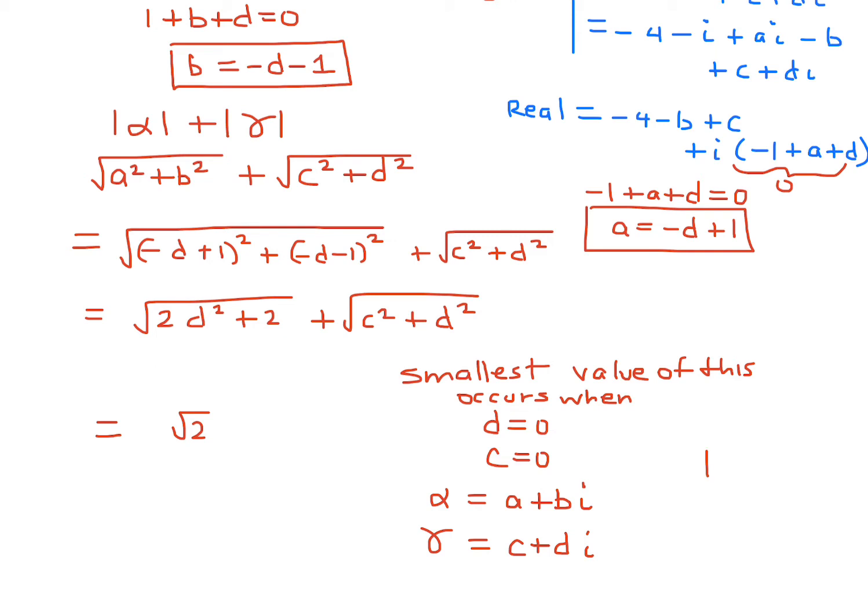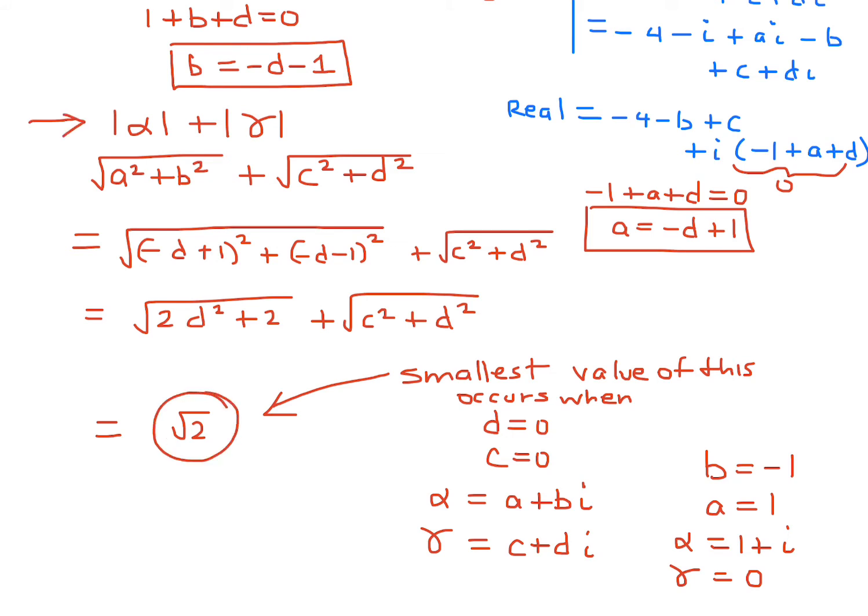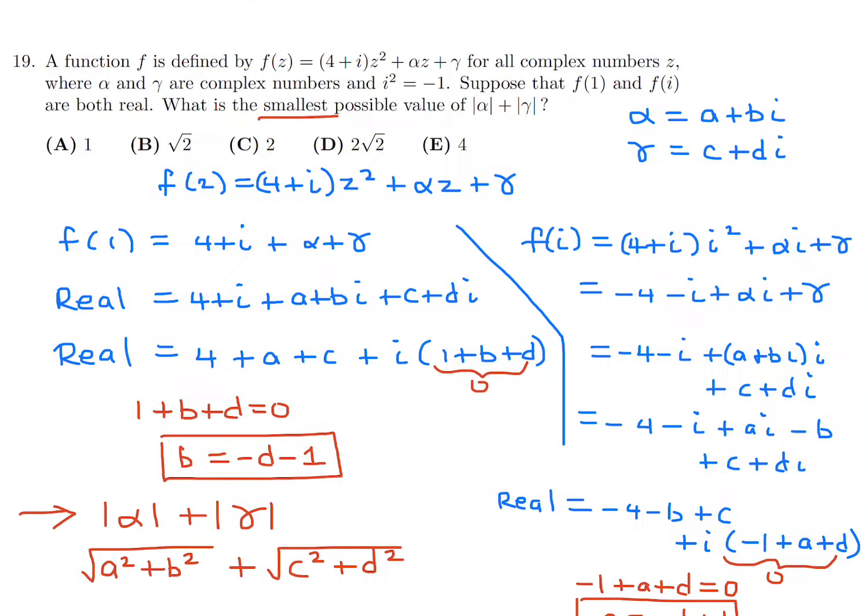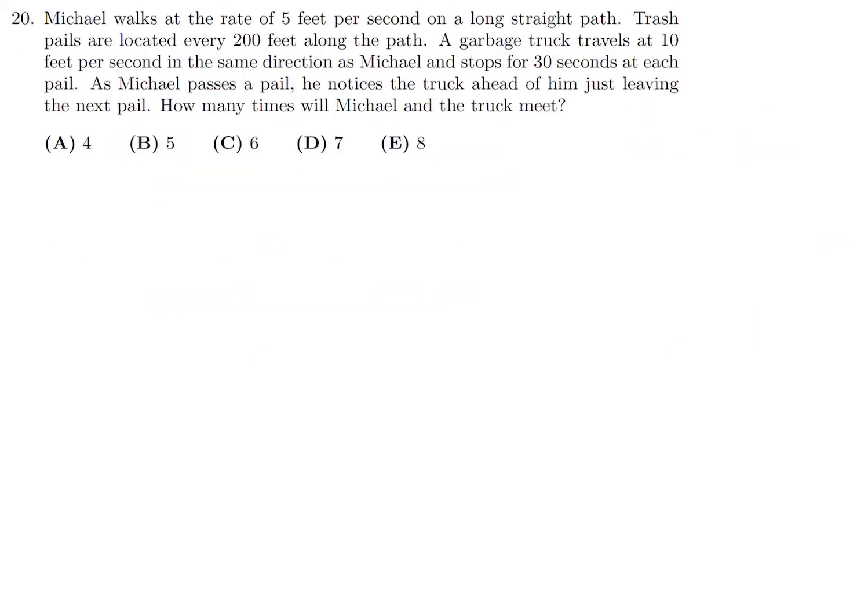We don't really need to, but I just wanted to show you. b is going to be -1 and a is going to be 1. So alpha is 1 plus i, and gamma looks like it's just 0. Interesting. Well, it doesn't matter. They want us to figure out the smallest value of this, and we did that. It's root 2. So the answer to number 19 is root 2, which is B.